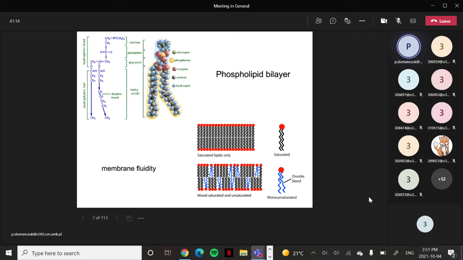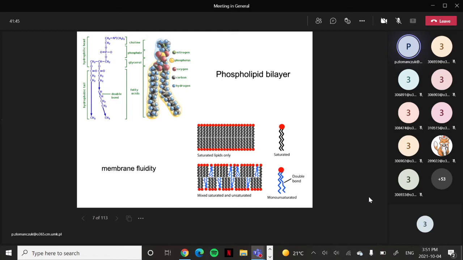Also, a molecule which strongly influences membrane fluidity is the phospholipid, and in particular the molecular structure of the fatty acid tails. As you can see here, the fatty acid tails consist of carbon atoms with attached hydrogen atoms.